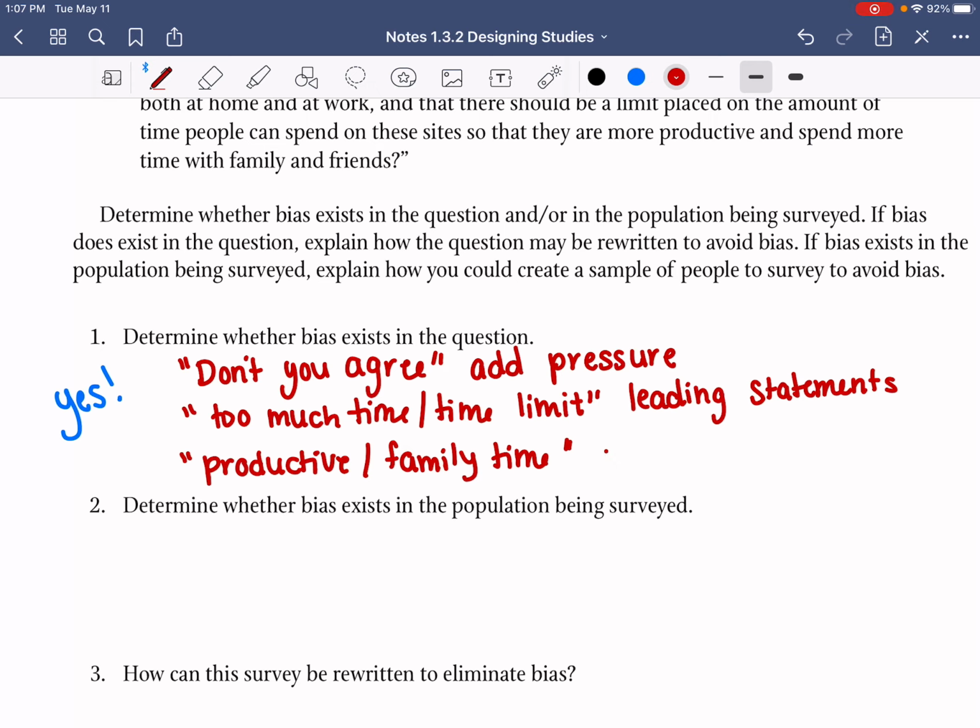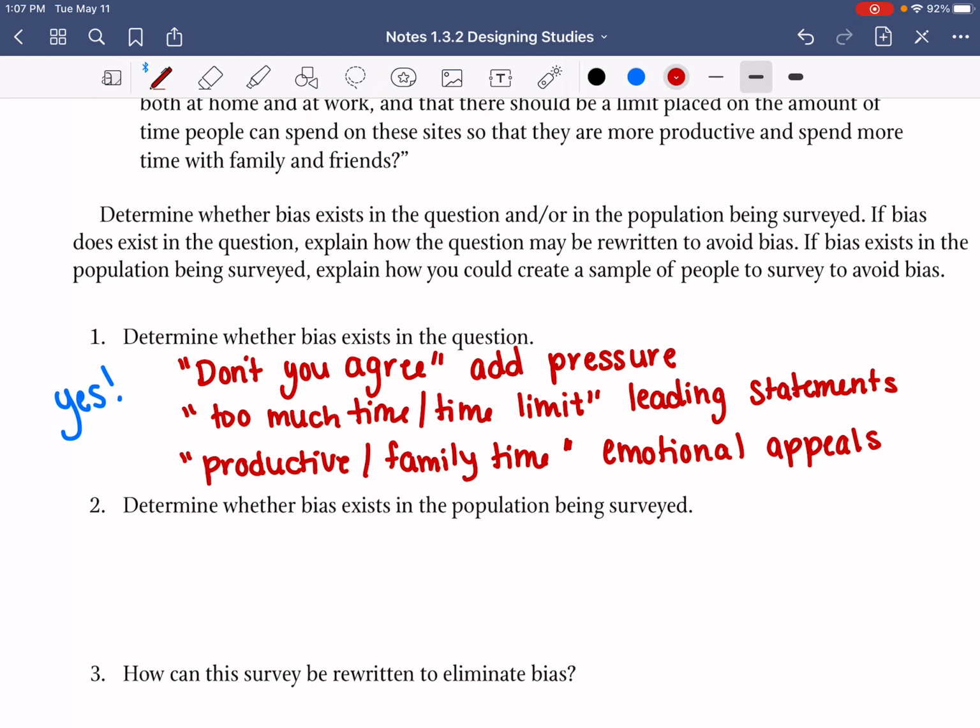Those are all emotional appeals. So those are just some ways that questions can be biased, okay? Adding pressure, leading someone to a statement, appealing to their emotions. Those are all ways to have bias.